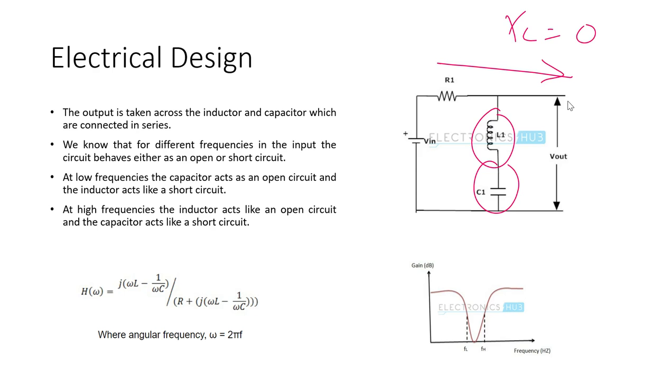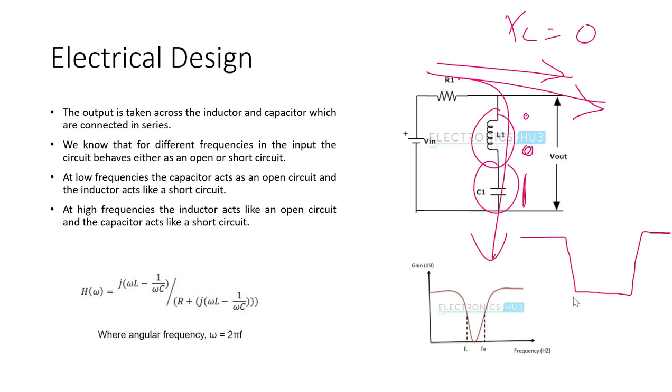At some intermediate frequency, the circuit will become short and ground the signal. And at higher frequency, the inductor will become open, so again the voltage will go through. So the voltage was going, then it was grounded at intermediate frequency, and then it passes again. This makes it the band rejection filter.